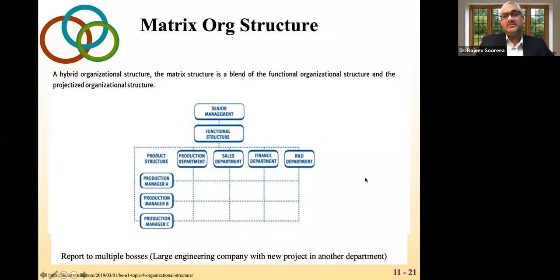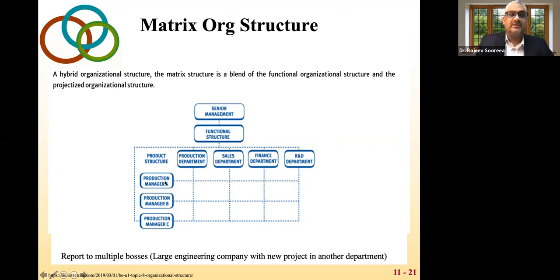A hybrid org structure, also called a matrix organization, is a blend of functional organization plus a division-based organization. So you have, for example, here the CEO, which is senior management, and then you have the functional structures such as production, sales, finance, R&D, which is the first slide.